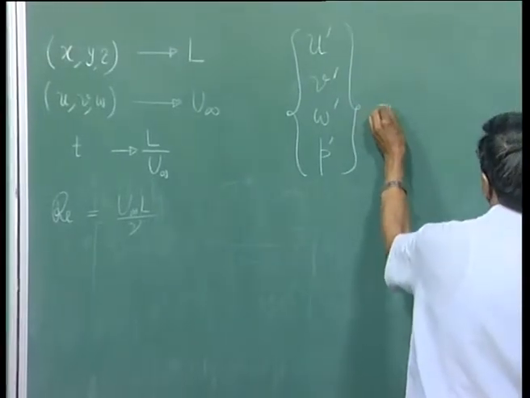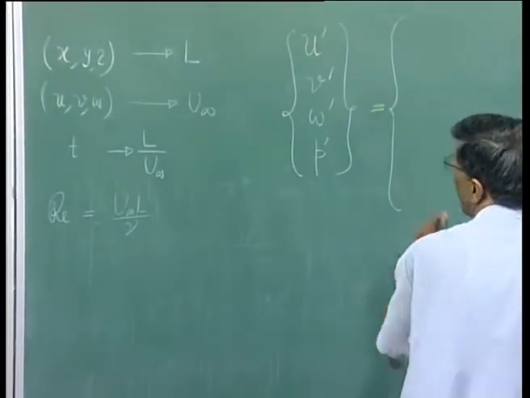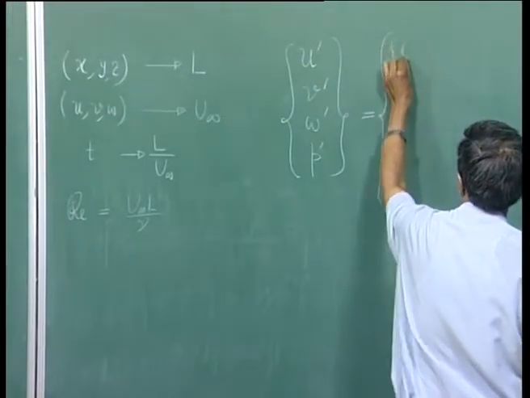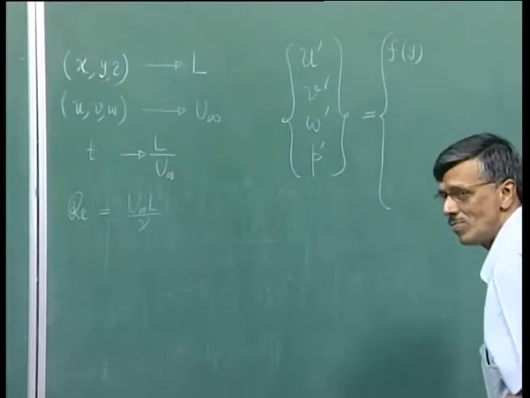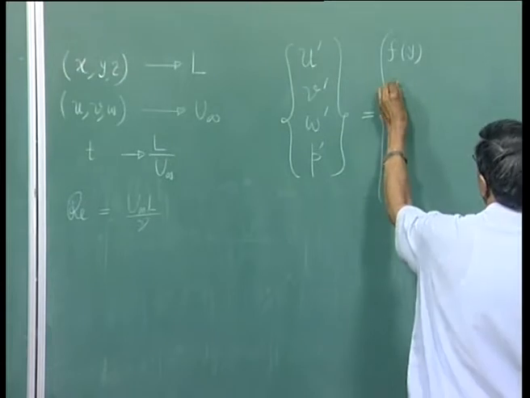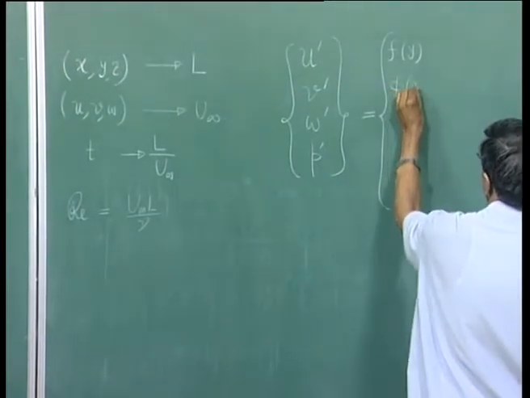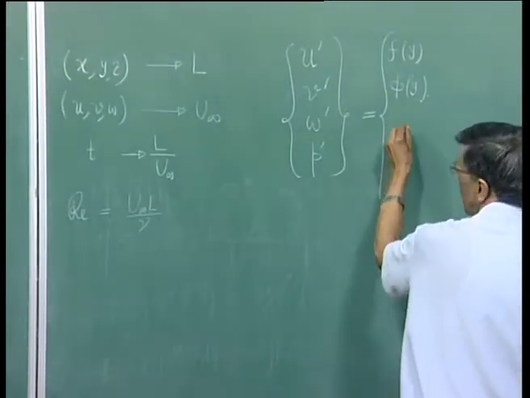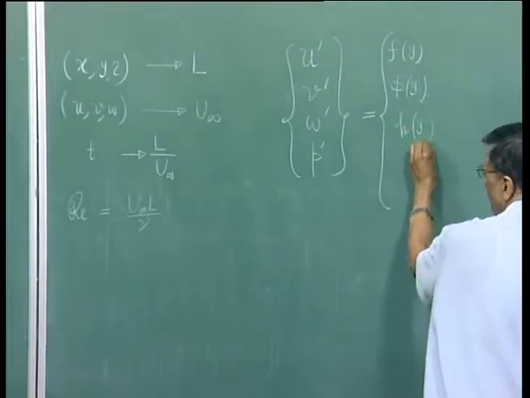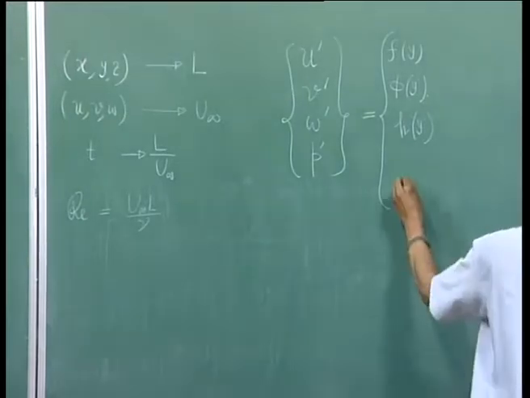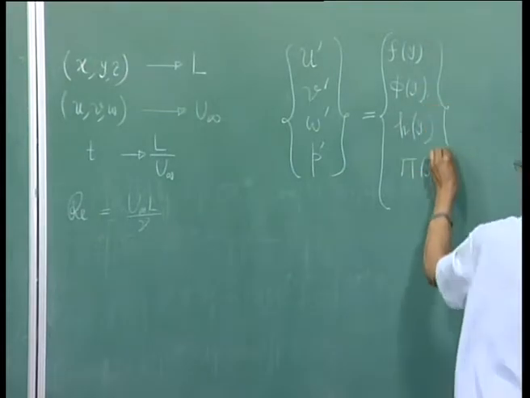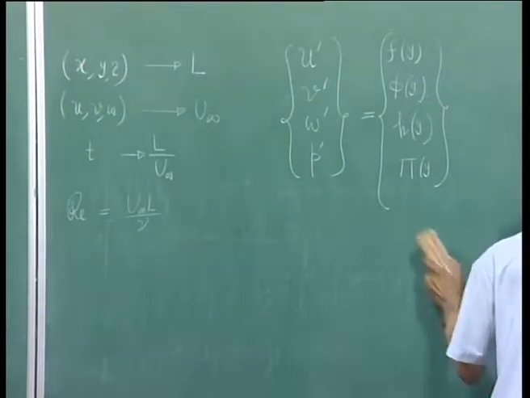We are writing them down in terms of their amplitude. So, u prime has amplitude, which I am calling f of y, right. v prime I am just writing as phi of y amplitude. w prime, let us say we have used the expression h of y, and p prime we will call pi of y. So, this is the pure y dependence of the equation.